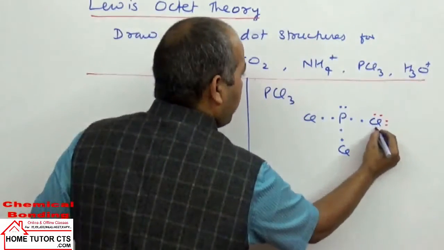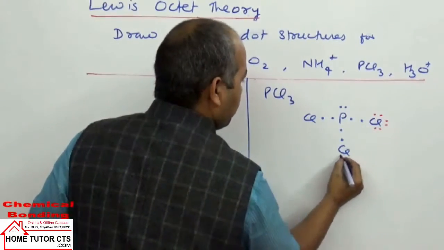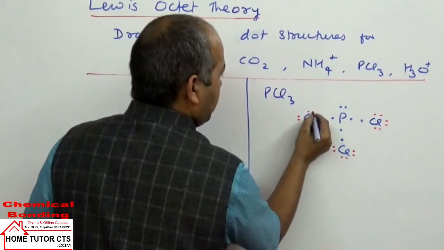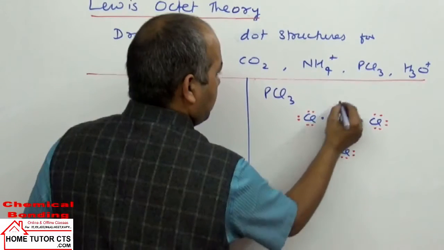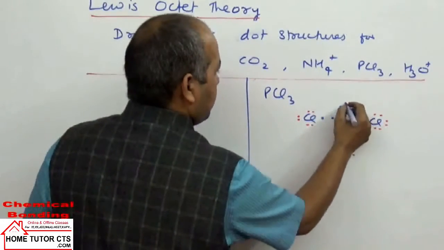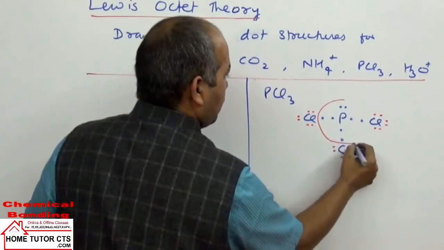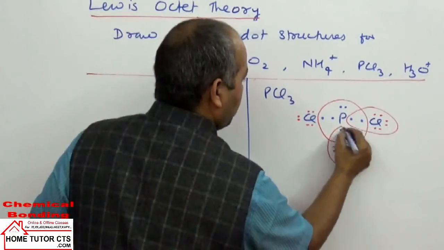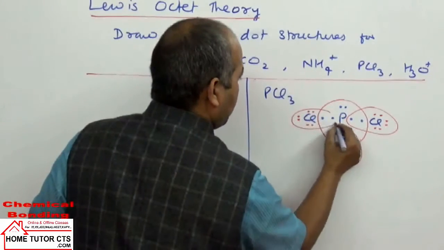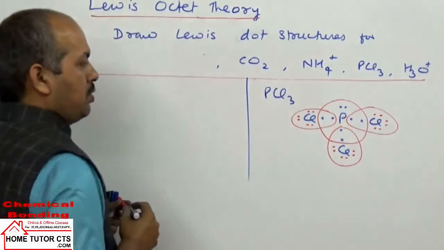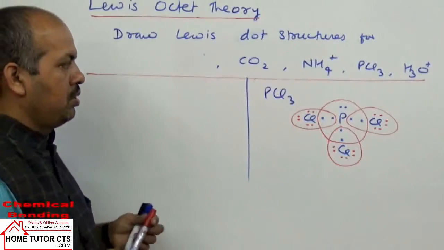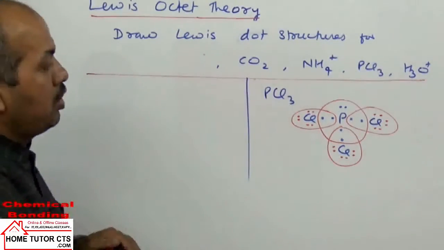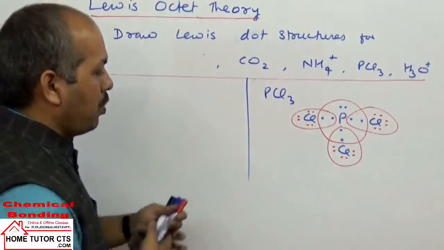Chlorine has 7 electrons. It is PCl3, the Lewis dot structure, or we can draw this way.